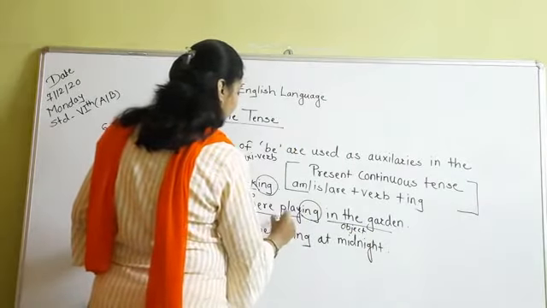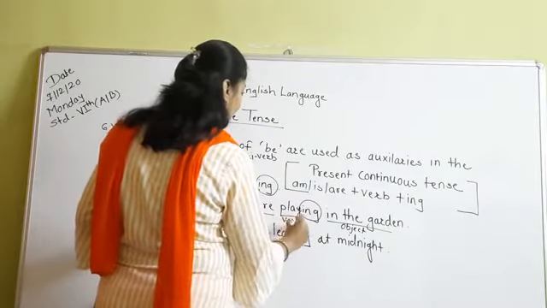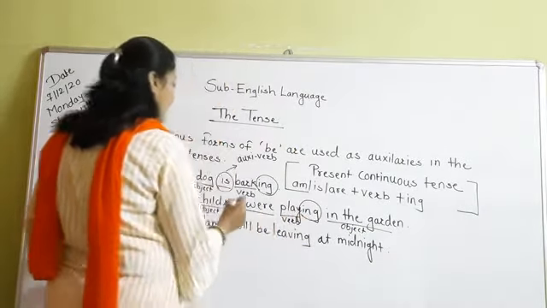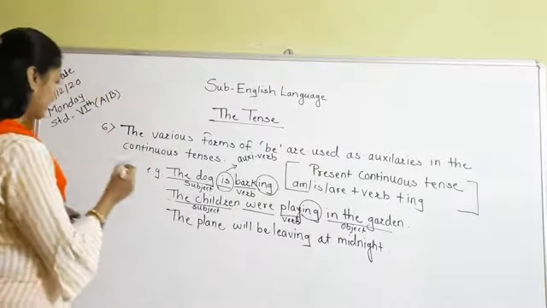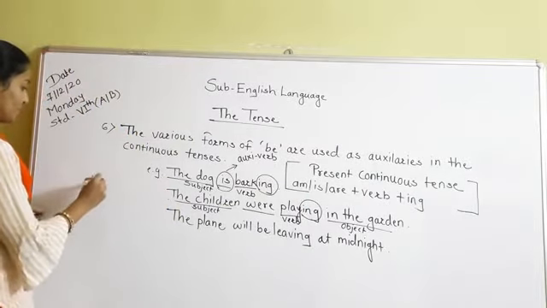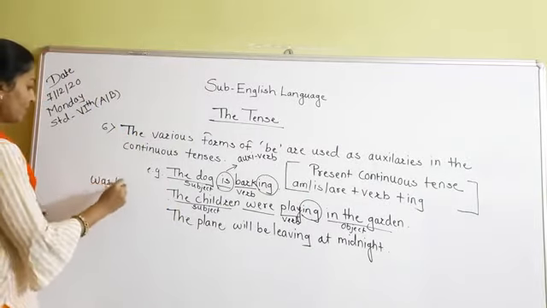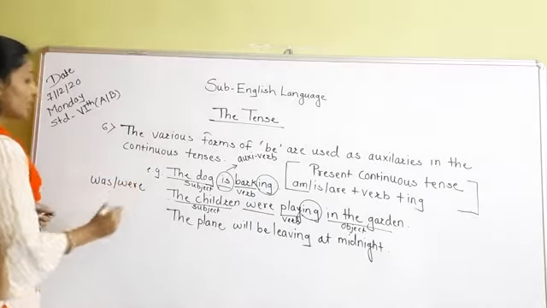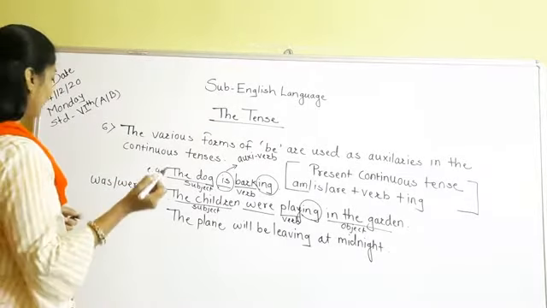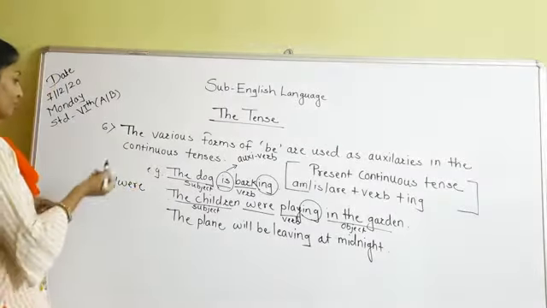Play is the verb and we have added ing to that verb, and we have used here were because we are using was and were. These are also the verbs of to be that we use in the past tense.